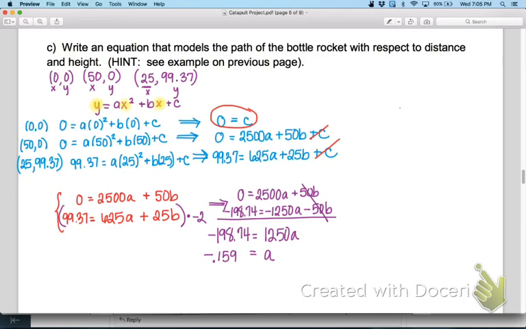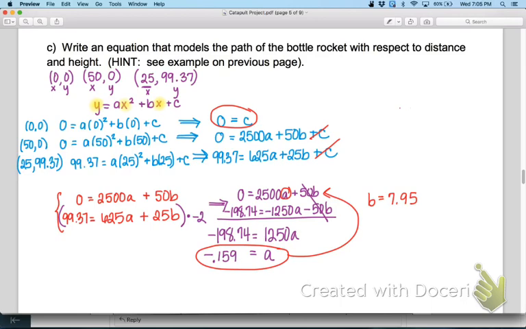Okay, and once we have that, now we're going to take this value for a and plug it back into one of our equations, and when we do that, we figure out that b is equal to 7.95. So again, you're just going to plug in for a and then use that equation to solve for b, and that's what you get.